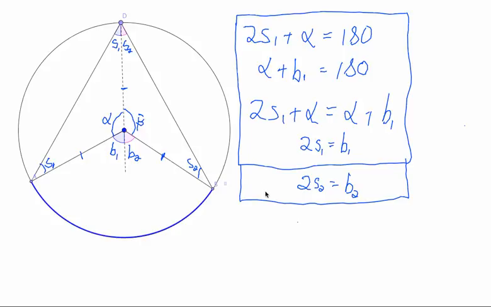So if we know that, then we had originally said that we'd split this angle B into its two parts, B1 and B2. So B, which was the bottom angle, is equal to B1 plus B2, and we've just worked out that B1 is 2 times that portion of the smaller angle, S1, and that B2 is 2S2.